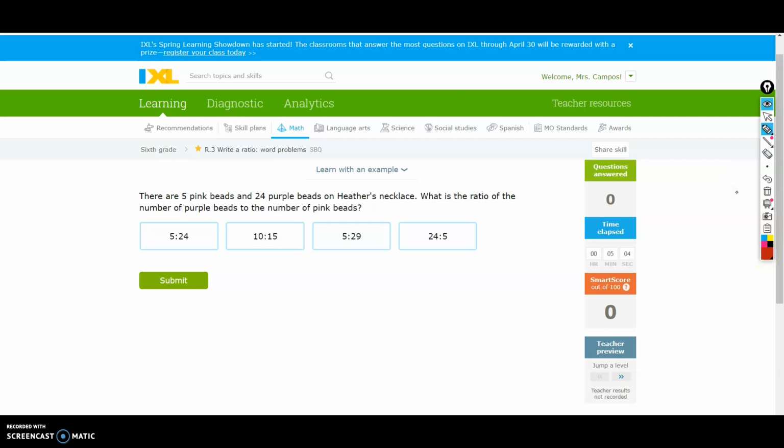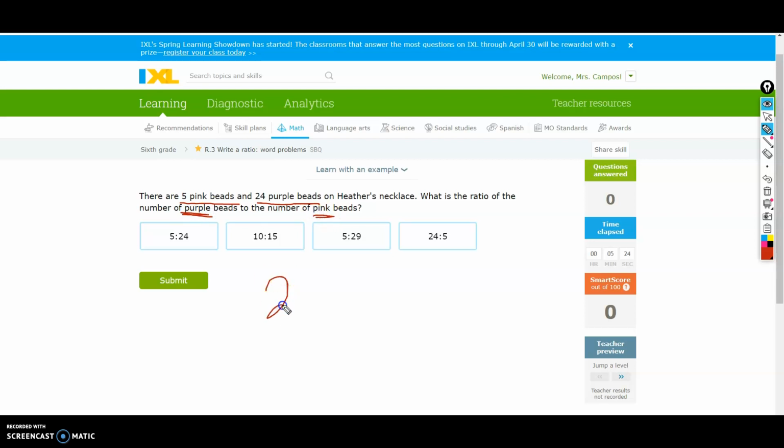We'll do red. Okay, so there are 5 pink beads and 24 purple beads on Heather's necklace. What is the ratio of the number of purple beads to the number of pink beads? So we have 5 pink and 24 purple beads. It wants to know purple first, then pink.